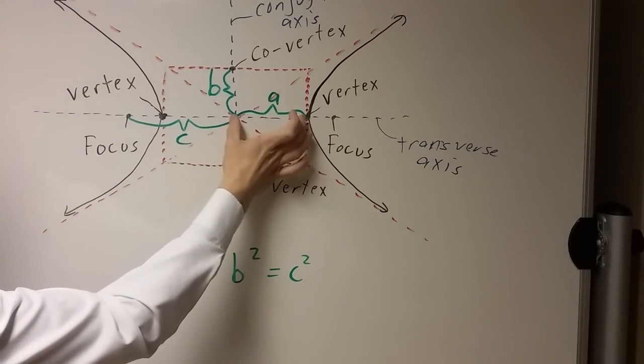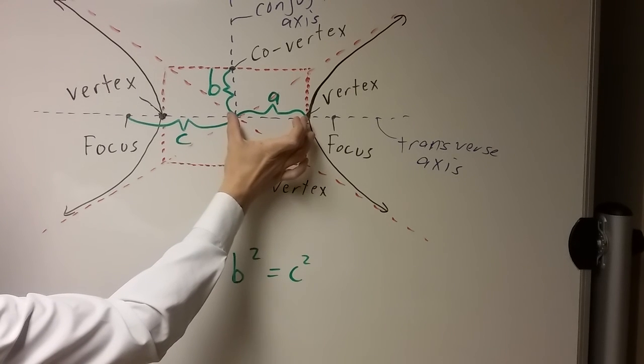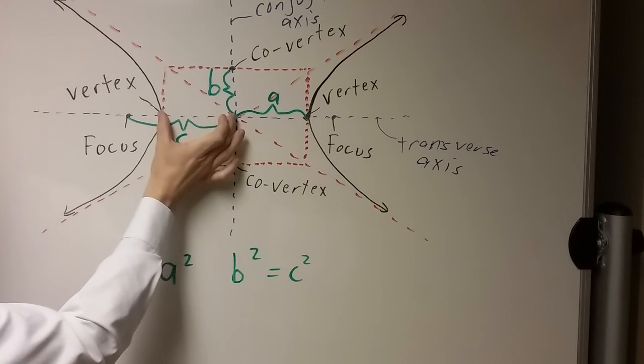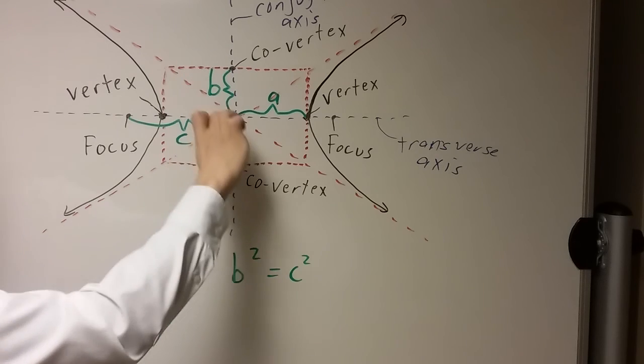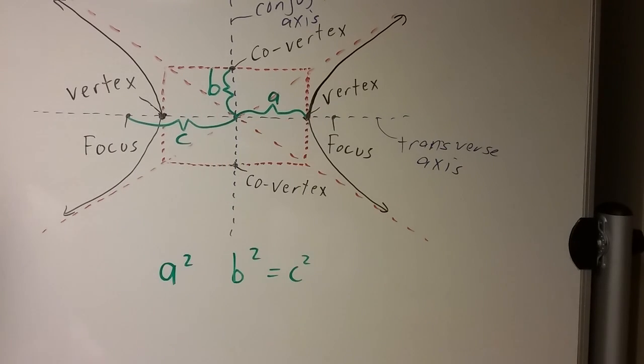And remember, I only put these one direction, but it's the same. These are always symmetric, so that's A, but this is actually also A, center to the other vertex, B also B, C also C.